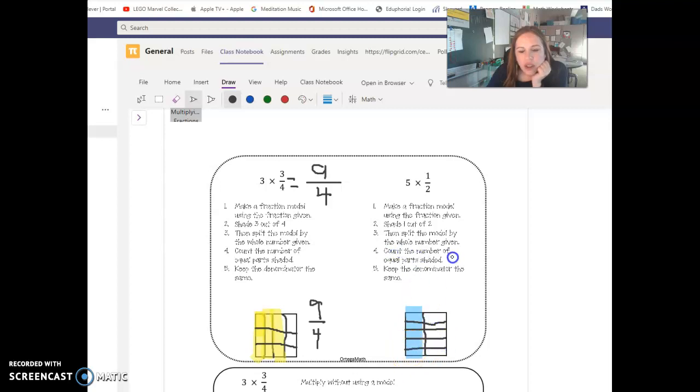Okay. Count the number of equal parts shaded. Well, I have 1, 2, 3, 4, 5, and keep the denominator the same. So 5 times 1/2 equals, oops, let me try again. 5 halves.